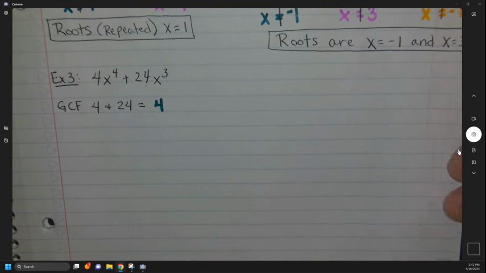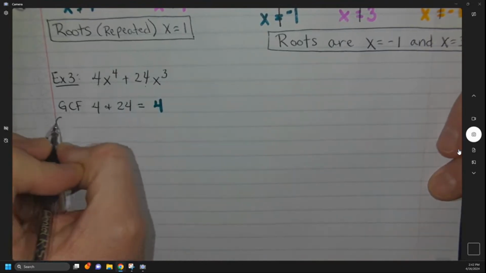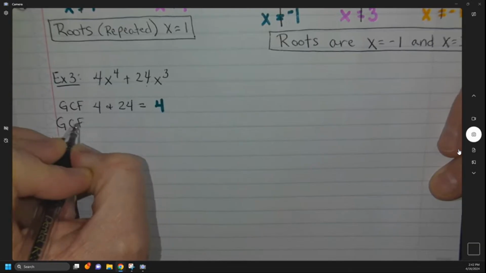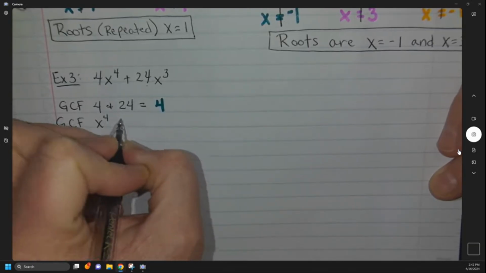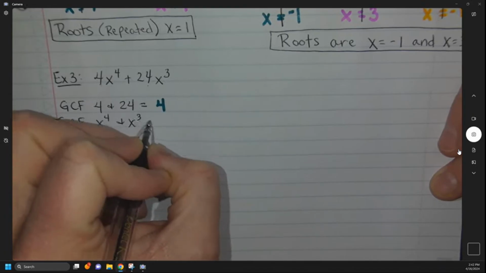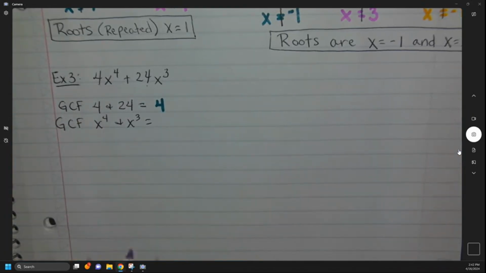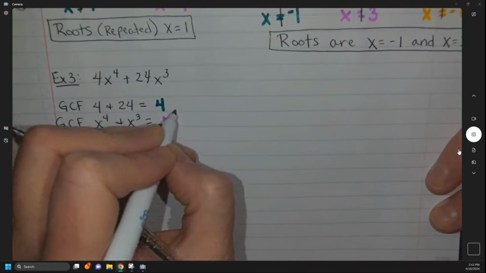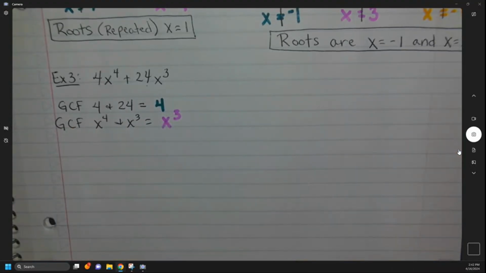So that would be my greatest common factor for x to the 4th and x to the 3rd, because they can both evenly be divided by x to the 3rd.